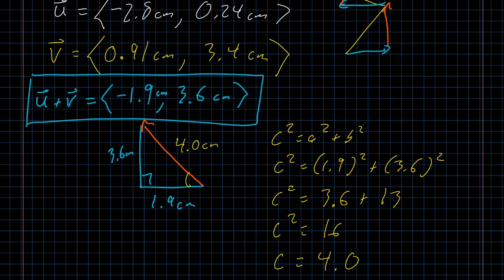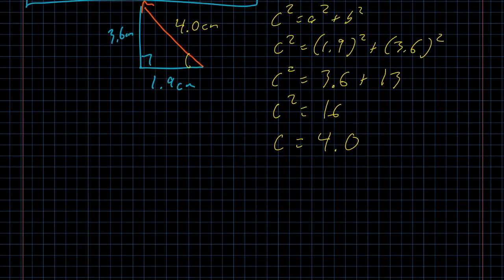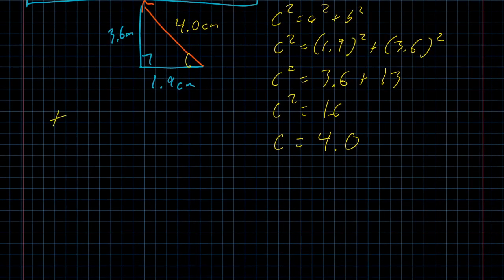And then I can figure out the angle. My known sides are the two legs, so I guess that means I'm going to be using tangent in this case. Tangent is opposite over adjacent.